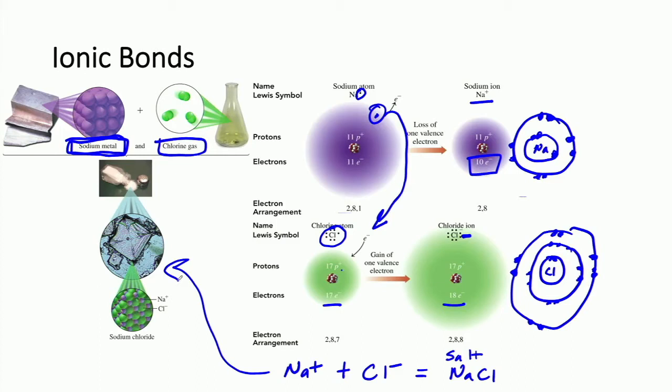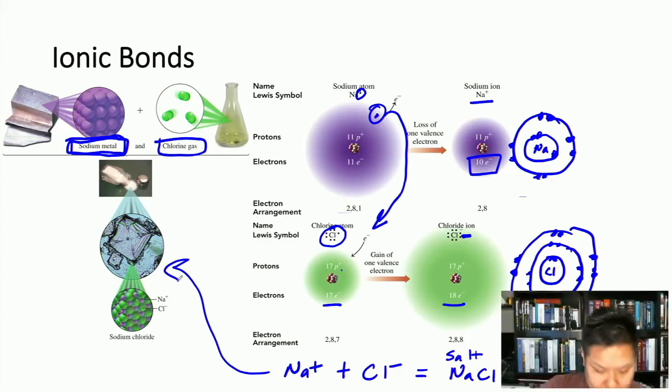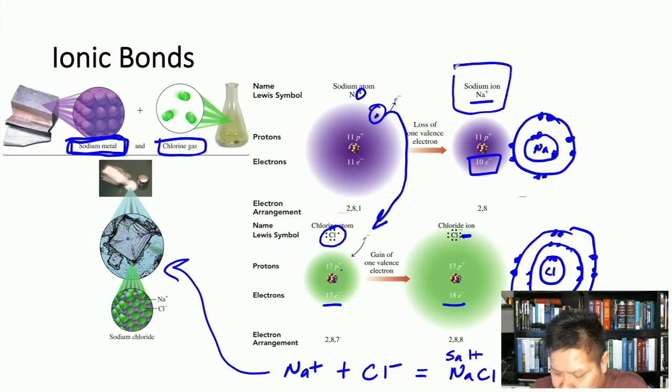Let me bring myself back now. Before we move on to the next slide, just so you know, ionic bonds are actually very strong, and you already saw that they're between positive and negative ions. Oh, by the way, I forgot to say that whenever sodium loses an electron, it becomes a positive charge because it lost an electron.